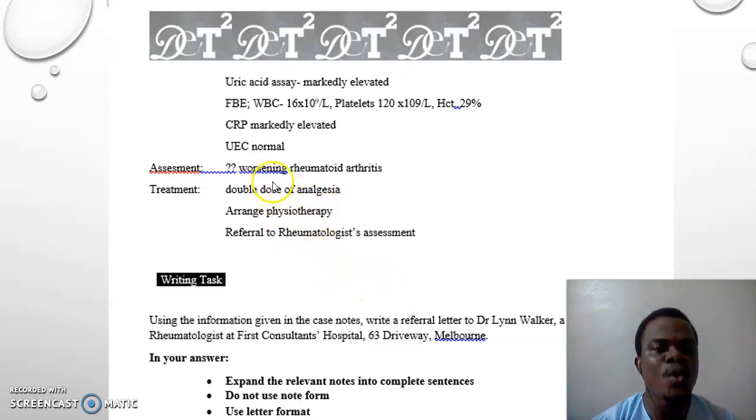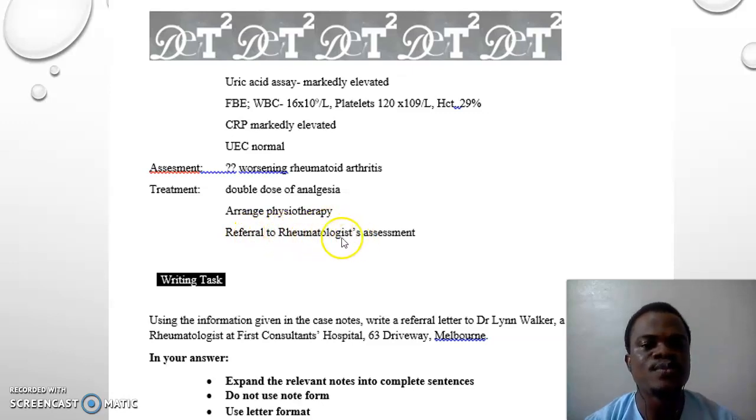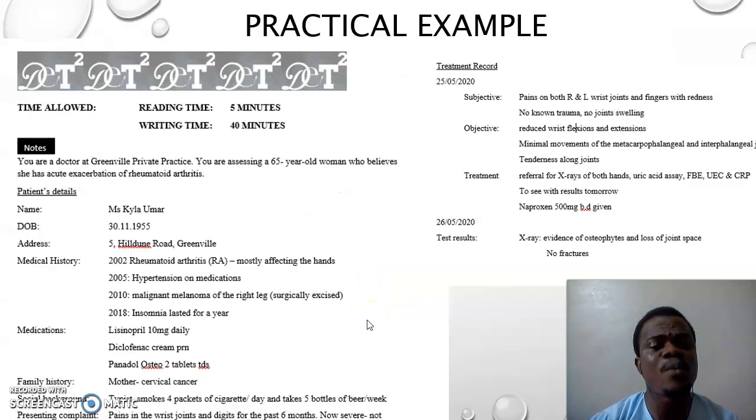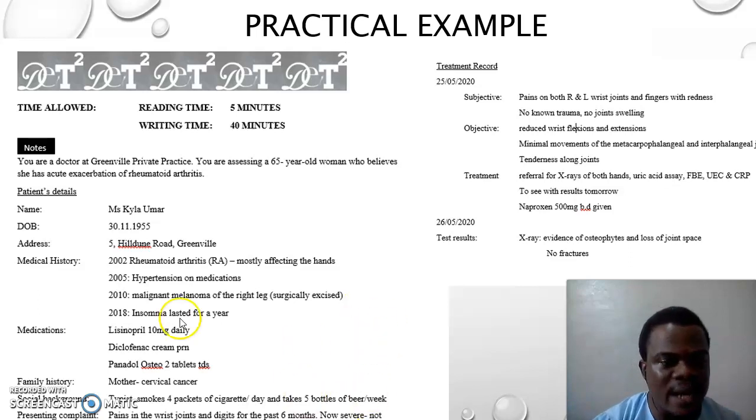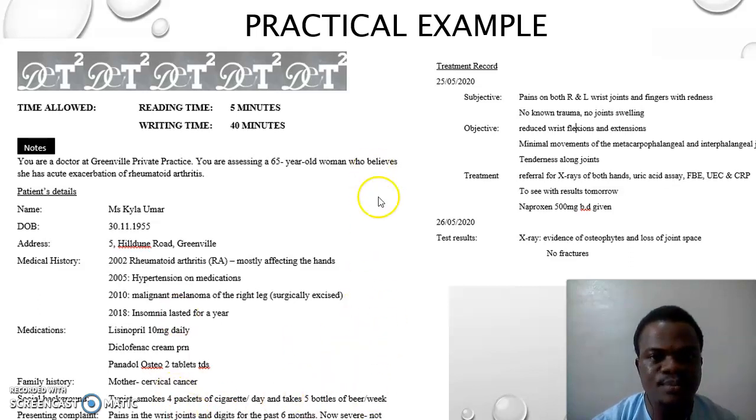You'll be able to know the condition, what you managed this patient for, and the reason why you are referring this patient. You'll be able to know what you want the addressee to do for this patient, that's to assess this patient. Then you can now go back to the case note for any other major reason why you are referring this patient. Now look at this point here.